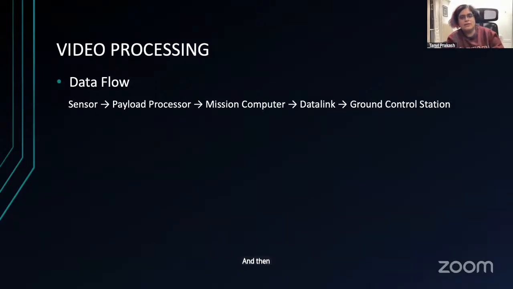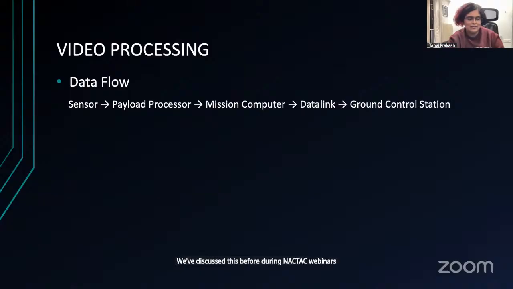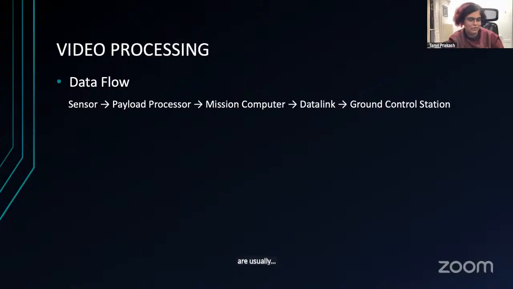And then from there to the main computer on board the aircraft, where the camera data is put into a form that can be transmitted to the ground station where the pilot is seated. We've discussed this before during NACDeC webinars. Unmanned aerial vehicles or UAVs are usually not entirely unmanned. They have a pilot on the ground who's also making sense of this information.